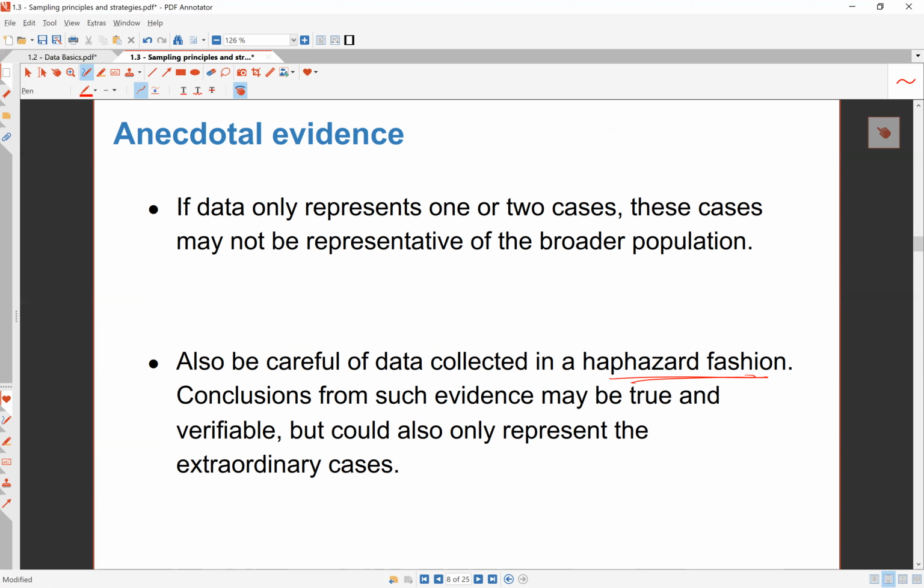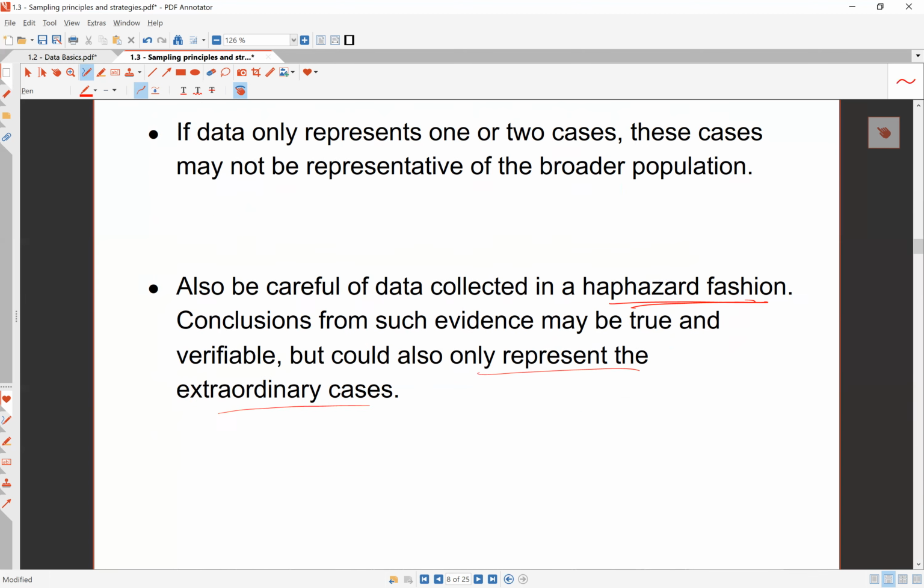You just kind of know people. That haphazard type of data collection, again, might be a situation where it only represents the most extraordinary or atypical cases. Someone who smoked 50 packs of cigarettes a day and never had any adverse health problems.